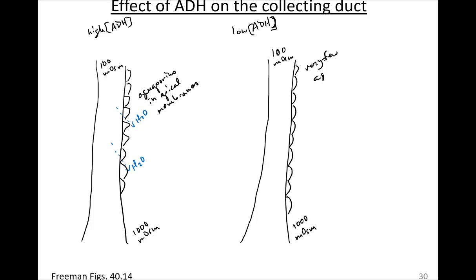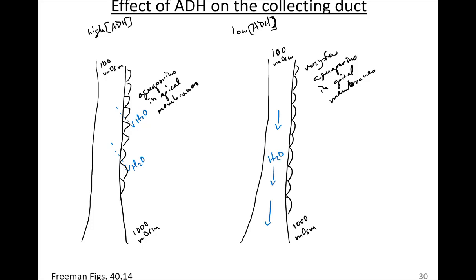Very few aquaporins in their apical membranes. And so even though there's a gradient that would tend to favor water movement out of the tubule, a difference in osmolarities, there's just no pathway for water to move out, and so the water stays in the lumen.